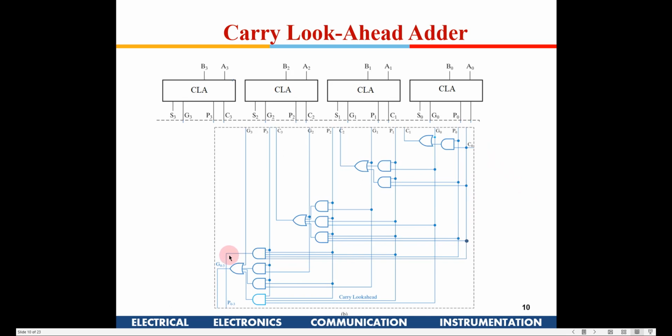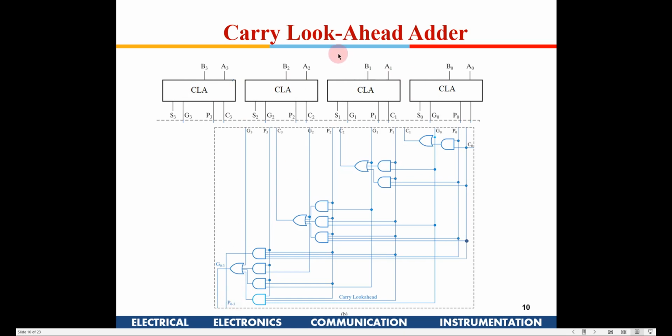So if you see here, what is the delay? All the propagates will be generated within one gate delay. So 2 gate delays, 3 gate delays. So even for a 4-bit carry look ahead adder, the total delay is only 3 gate delays. That is the great advantage we have.